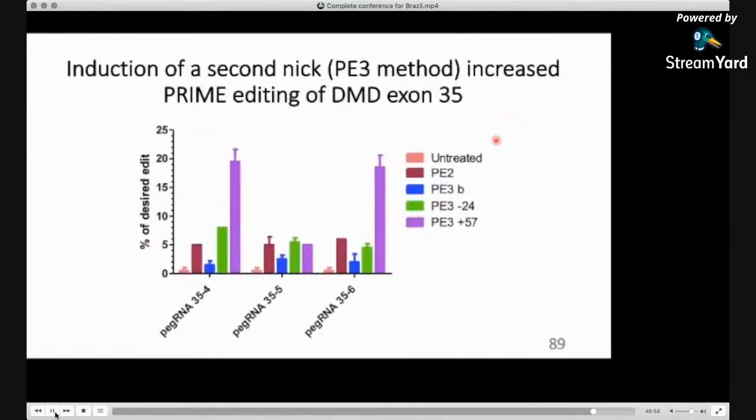When we induced a second nick at 24 or at 57 nucleotides from the nick induced by the pegRNA, there was a significant increase in the editing of the target gene for pegRNA 35.4 and pegRNA 35.6, but not for pegRNA 35.5. We still have to understand why.